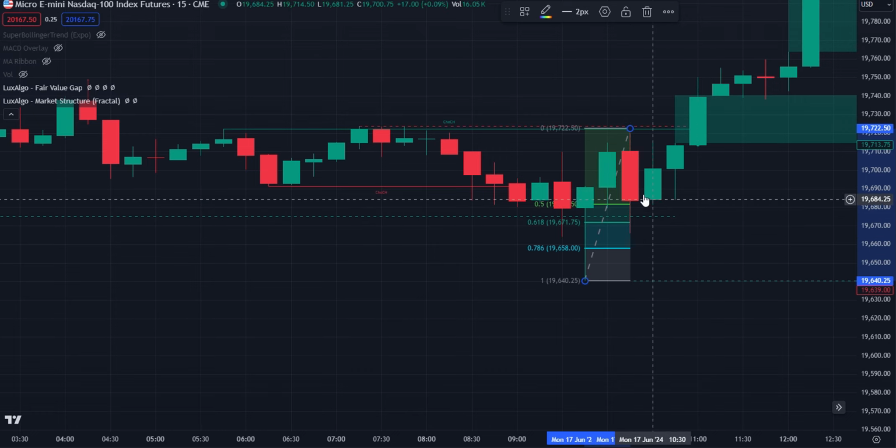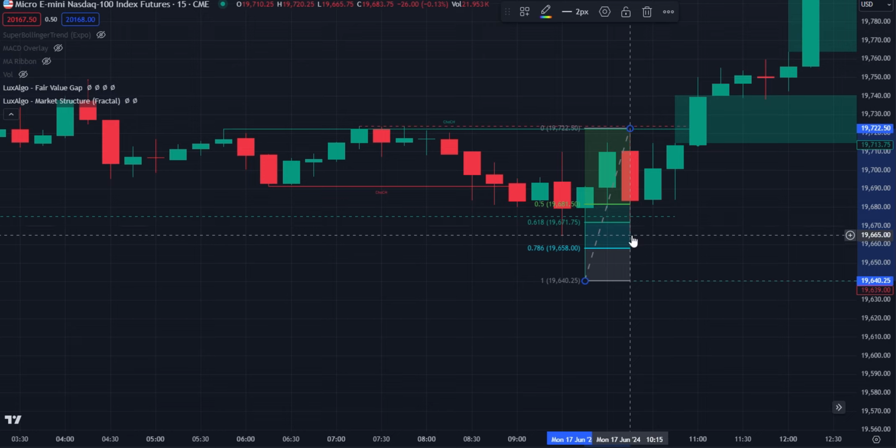And we can see that this 10:15 bar moved down about halfway between those values.